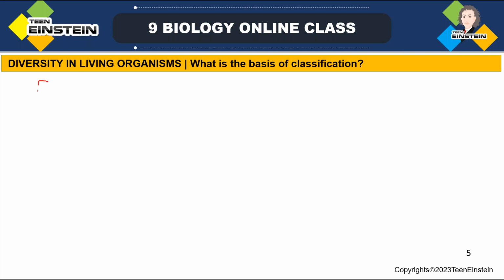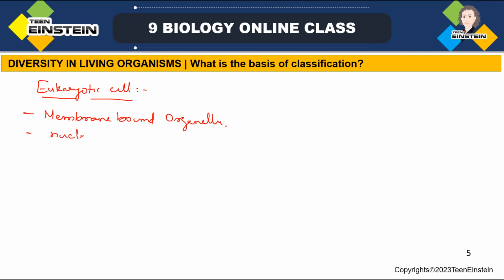In a eukaryotic cell, we have learned about eukaryotic cell and prokaryotic cell, isn't it? A eukaryotic cell has membrane bound organelles, and it has a prominent nucleus, which also has a membrane, but it is porous.